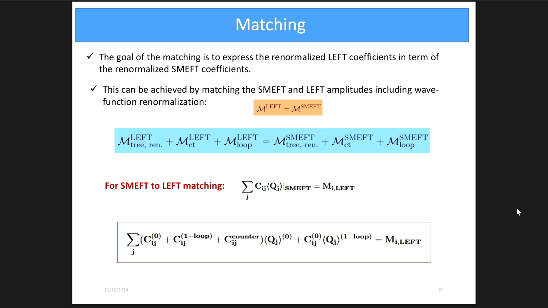When you have a Ci0, that means you have a tree level coefficient, I mean you have a SMEFT operator which will contribute to your LEFT operator at tree level. So, in that case, if you want to do a one loop matching, you need to calculate the corrections to these SMEFT operators at one loop level, which will contribute to your LEFT operators.